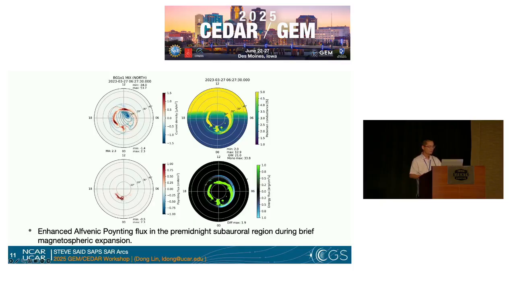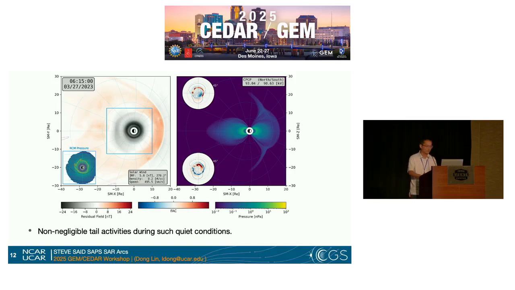And we know this Poynting flux also has some heating effects. Another thing, based on my discussion with Toshi yesterday, was that during quiet time stable events, we do also expect tail activities that would also contribute to the formation of SAID or related subauroral structures.